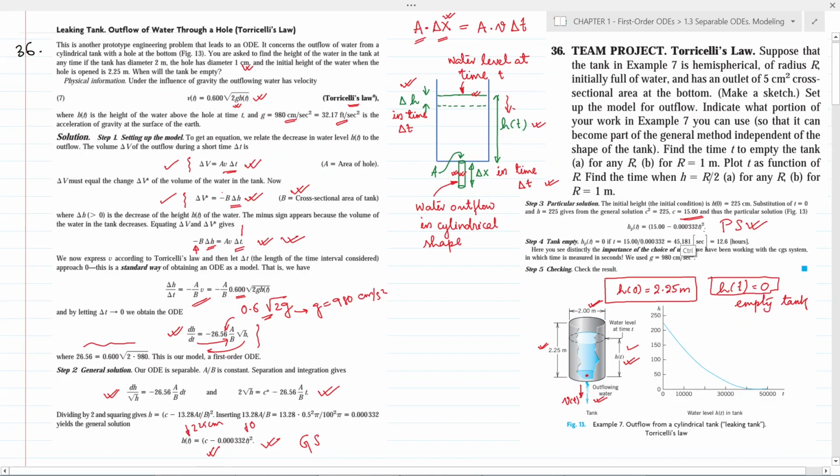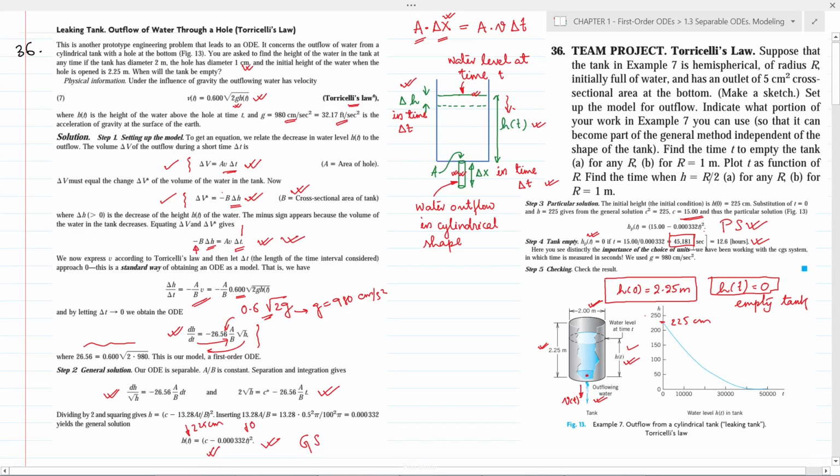Now in this particular solution, if we put h of t equal to 0, we can find out the time t taken for the tank to be empty, which is done right here. The height h is put as 0 and the time has been found, which is 45,181 seconds or 12.6 hours. We can see from here that at time t equal to 0, the height of the water inside the tank is 225 cm.